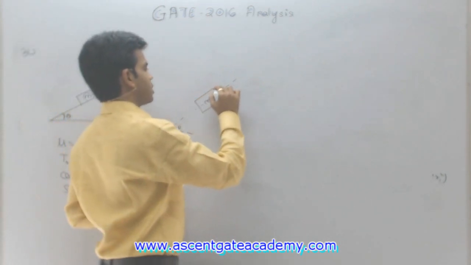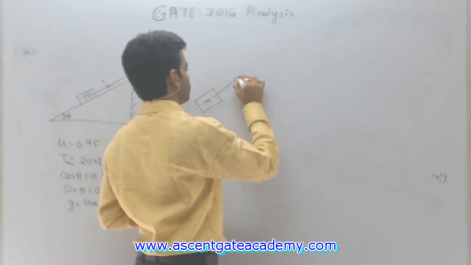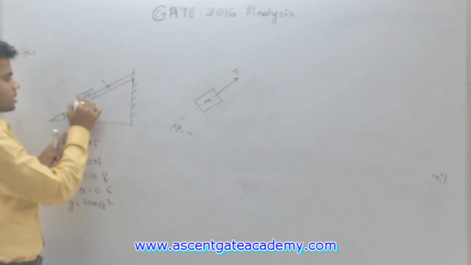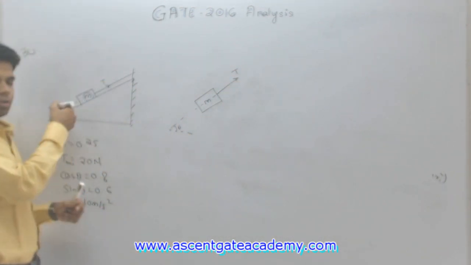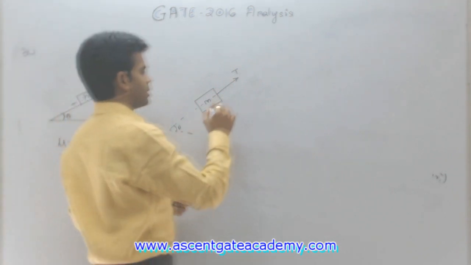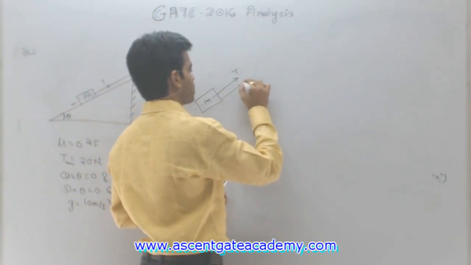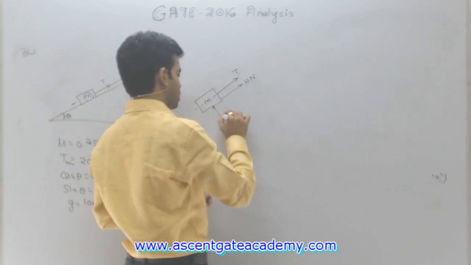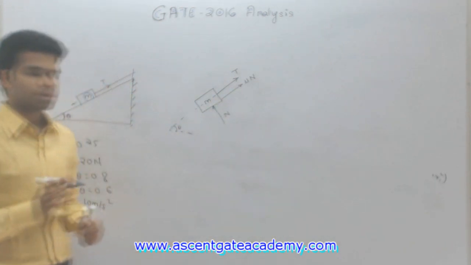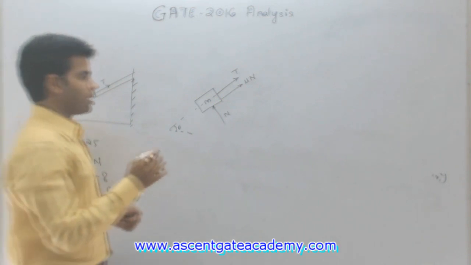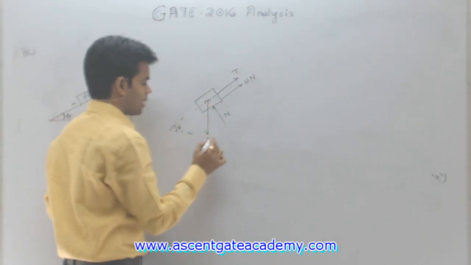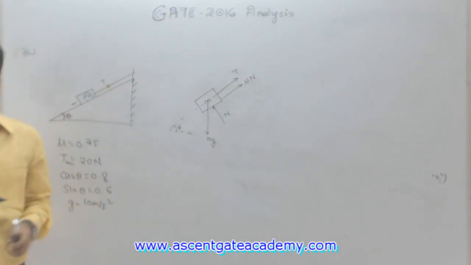First is this tension force T. Second, this mass is trying to move downward, so the friction will act in opposite direction. How much friction will act? Mu into N, where N is this normal reaction. And apart from this, a downward weight mg will act because of this mass.